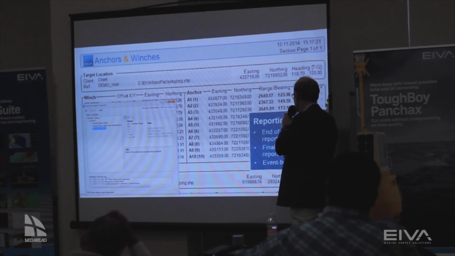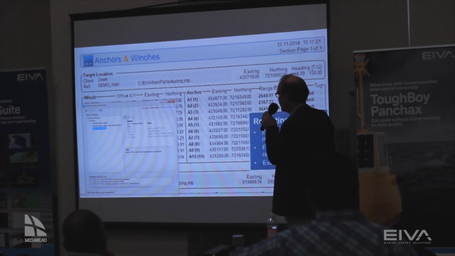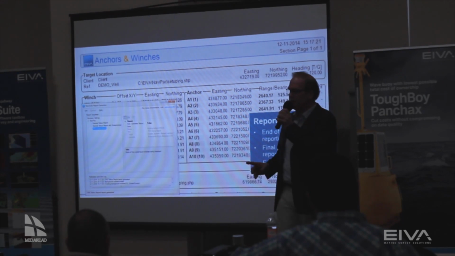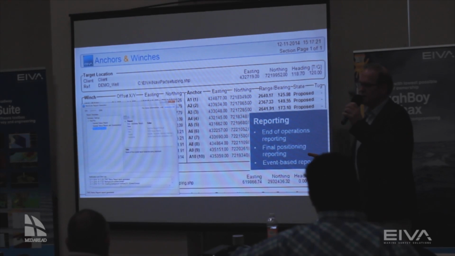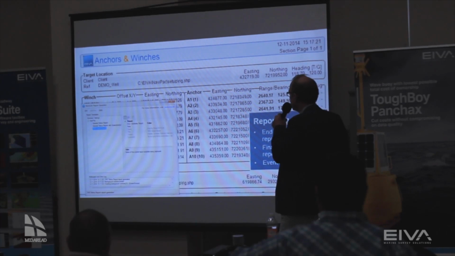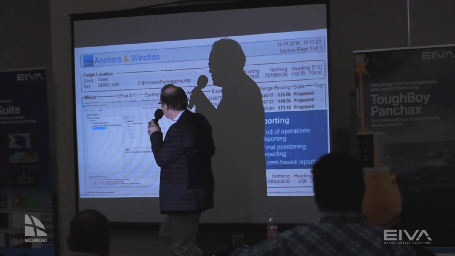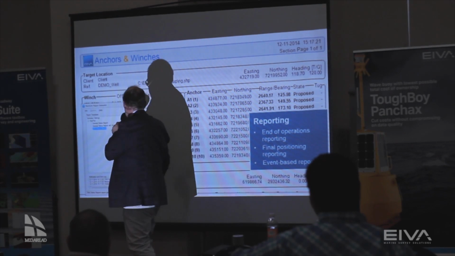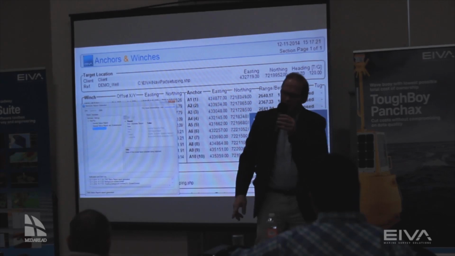Then we have final positioning reporting, so if the rig is on the final position, and event-based reporting, that's if the operator presses the event, then it's always storing a position at this point. And here you have the overview of the anchor positions. And in addition also, here you can only see the winch, but that's also the 10 winches which you need to handle these 10 anchors.